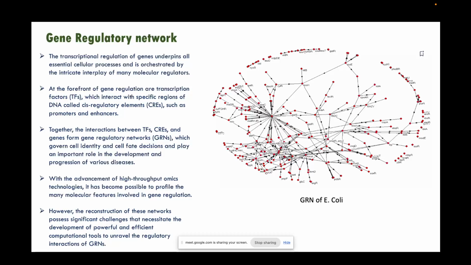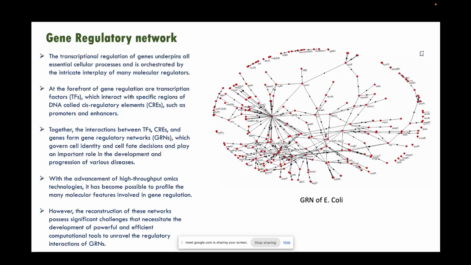Together, the interactions between transcription factors, cis-regulatory elements, and the genes form these gene regulatory networks, which govern cell identity and cell fate decisions and play an important role in the development and progression of various diseases as well.